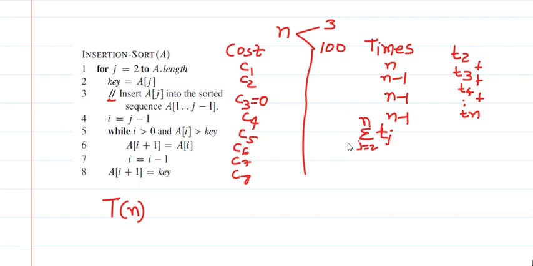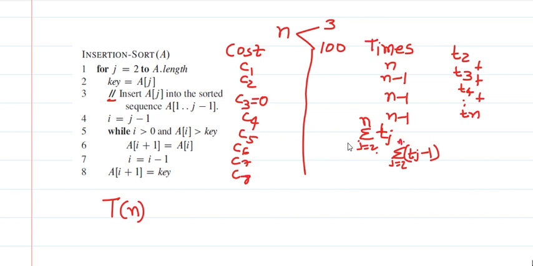Since statements 6 and 7 are inside this while loop, we can say that the number of times statement 6 is executed is nothing but tj minus 1. It's similar to n and n minus 1. Since statement 2 is inside the for loop, it is executed one less time compared to the main statement.